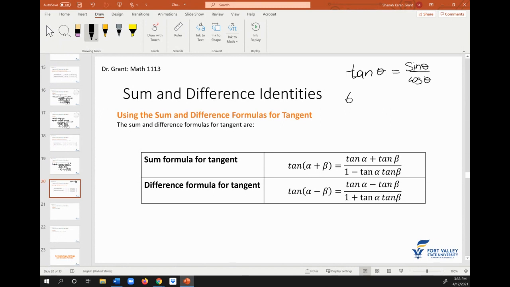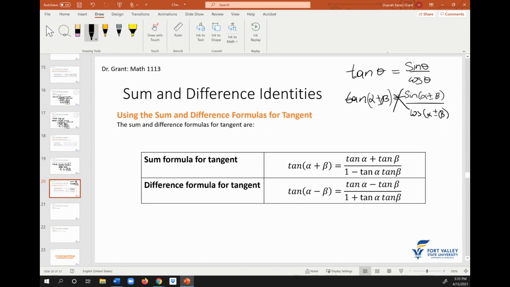That does not mean that tan of alpha plus or minus beta is sine of alpha plus or minus beta over cosine. This is not the case. So do not get this mixed up, guys. Just wanted to make this note.